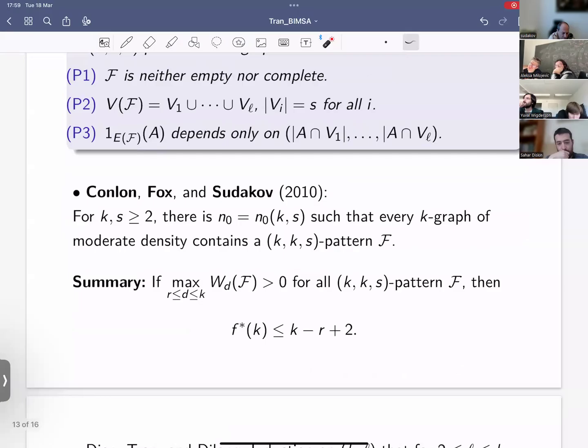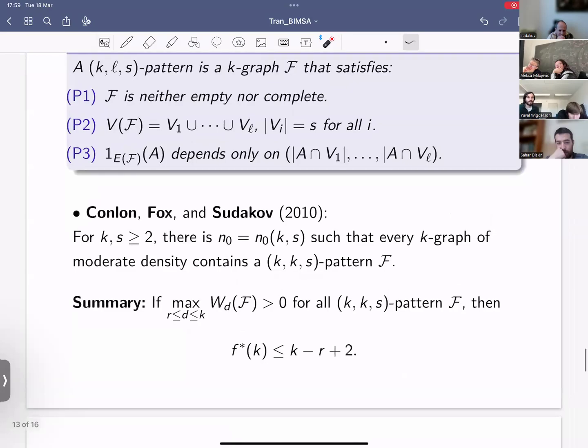And Conlon, Fox, and Sudakov prove that for every k and s greater than 2, there exists n naught such that every k-graph of moderate density with at least n naught vertices must contain a (k,s) pattern, a k-uniform pattern with k parts.